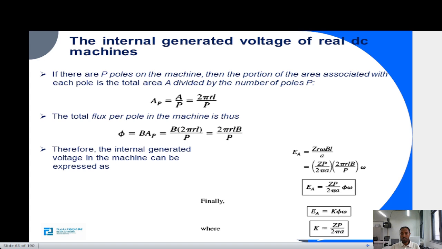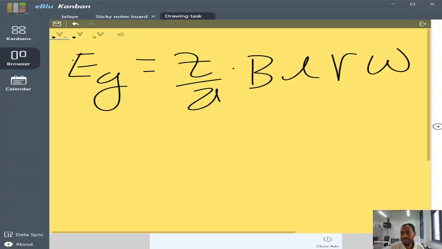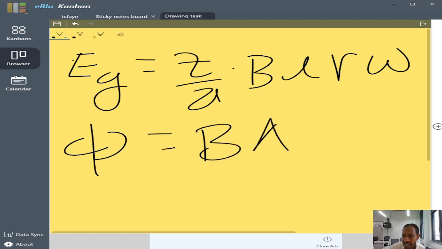And we also need some other fundamental thing. The total flux per pole in a machine is going to be flux density times the area covered by a single pole. So the flux phi is going to be flux density times the area of the pole.